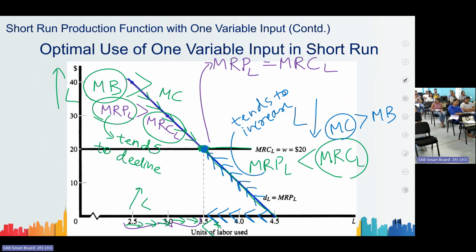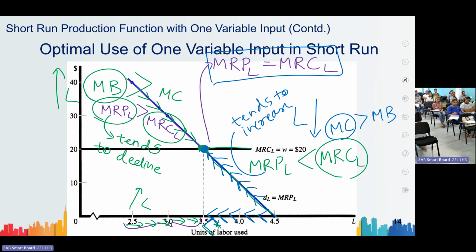So if the firm is operating at this level, L star level, where MRPL equals MRCL, is there any tendency for this firm to cut down or increase their labor input? No, there is no tendency for this firm to increase or decrease its labor input. It's already decided.